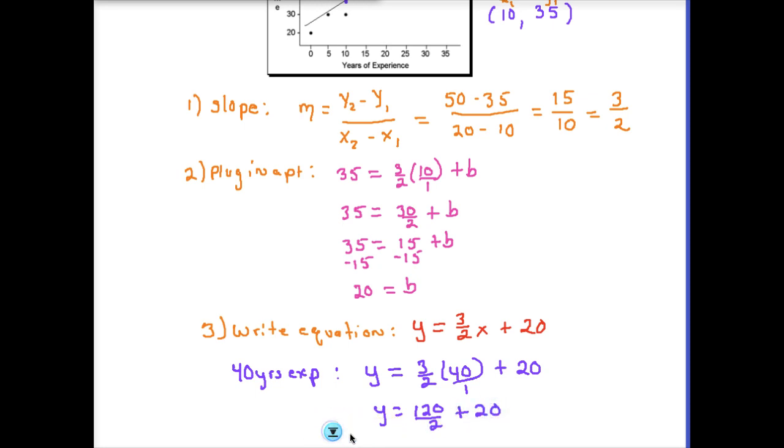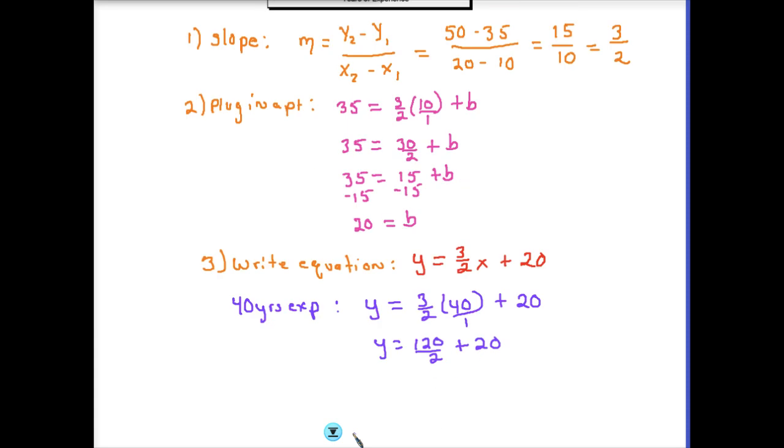If we simplify this, 120 divided by 2 will give us 60, and 60 plus 20 is equal to 80. So $80,000 is what we can be predicted to earn if we have 40 years of experience.